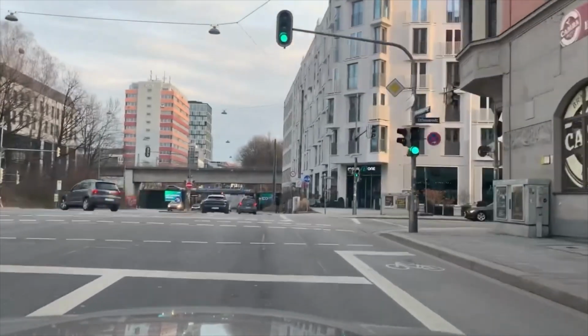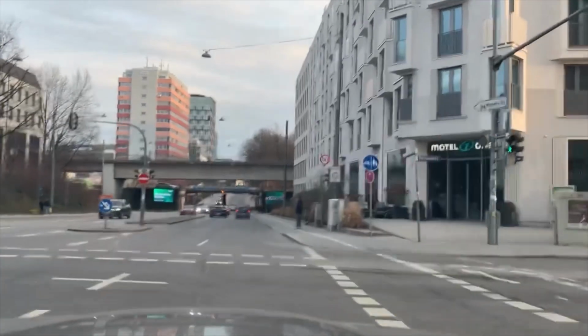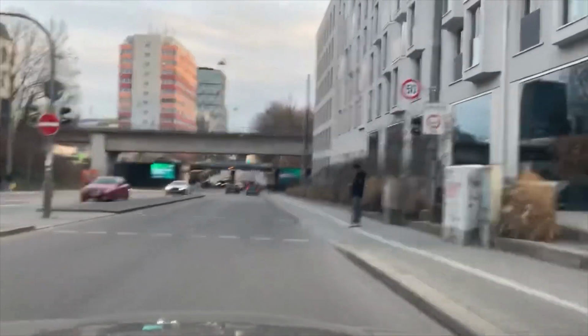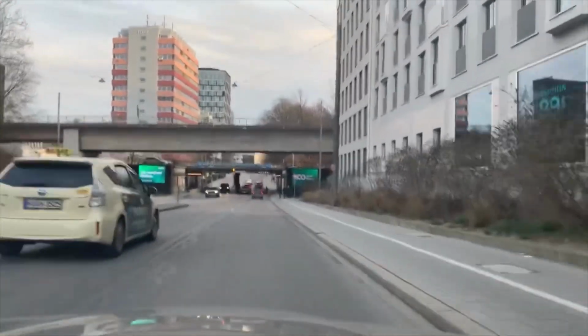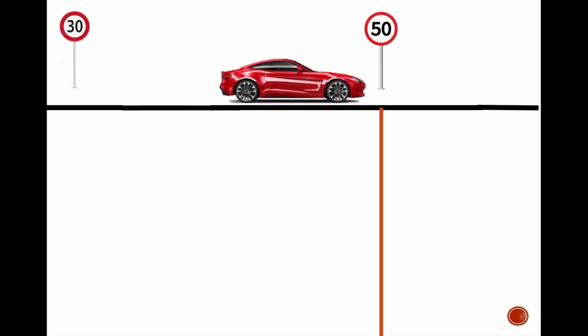Okay, you are leaving your 30 speed limit and from a distance you see a 50 speed limit. It is very important that the moment you see that, you don't accelerate. Let's understand this with some slides. Here you are driving in a 30 zone and from a distance you see a 50 speed limit.